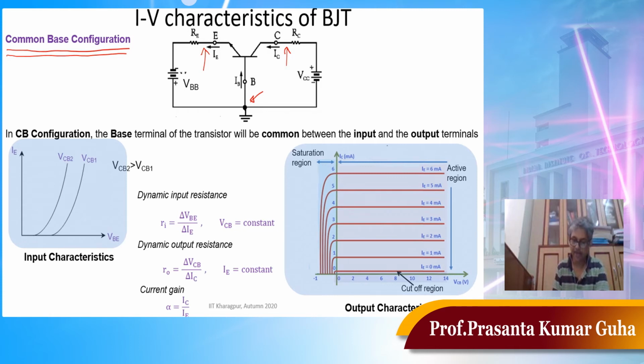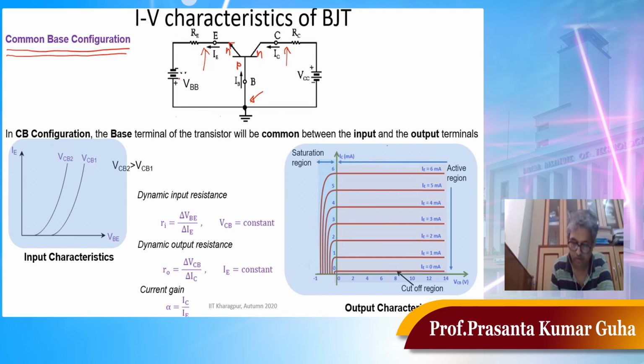Now if you look at the biasing, this is an NPN BJT, because the emitter current is coming out. The positive terminal of the battery VBB is connected to the P type base, and the negative terminal is connected to the N type emitter.